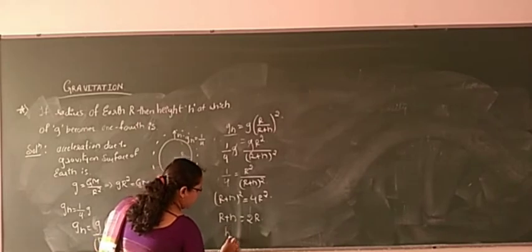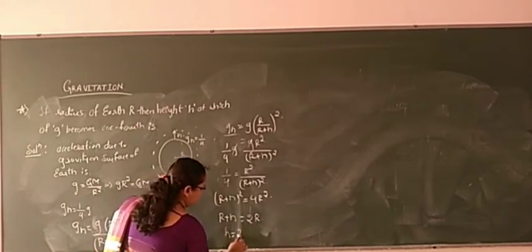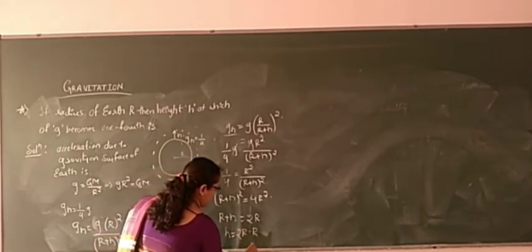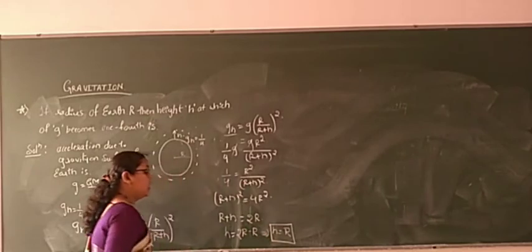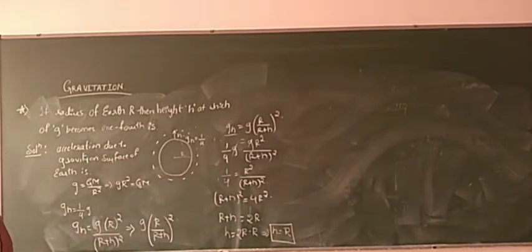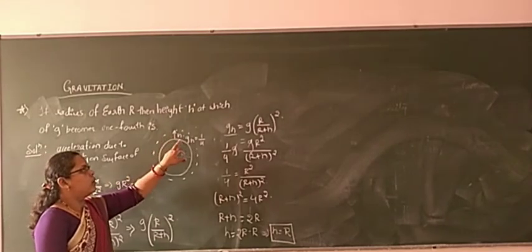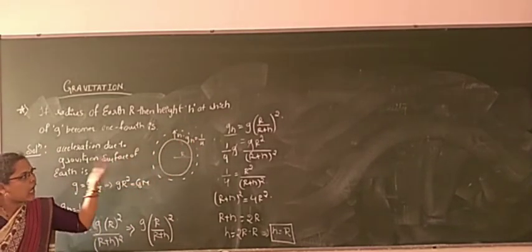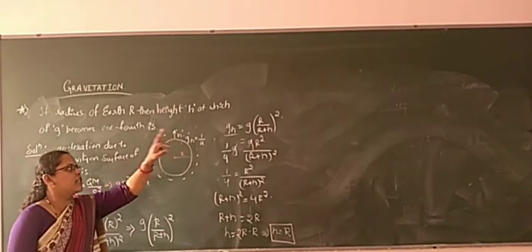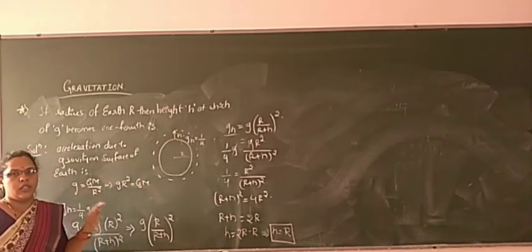Now h is equal to 2R minus R. So that is equal to what? h is R. That means the radius of the earth is equivalent to the certain height. When it is equivalent, then only it becomes 1/4 of the acceleration due to gravity on the surface of the earth here.